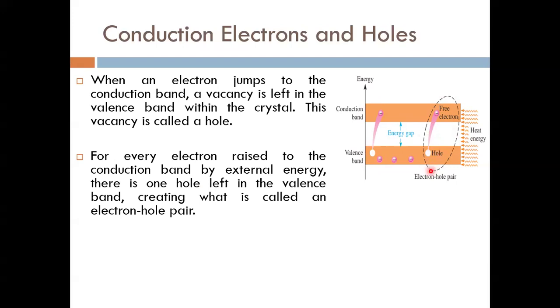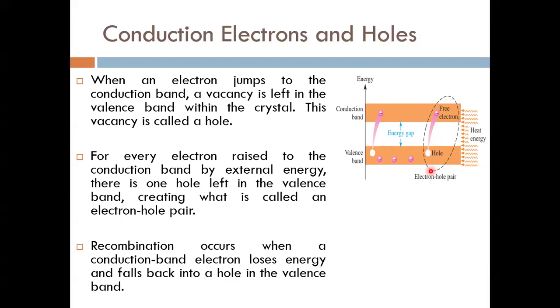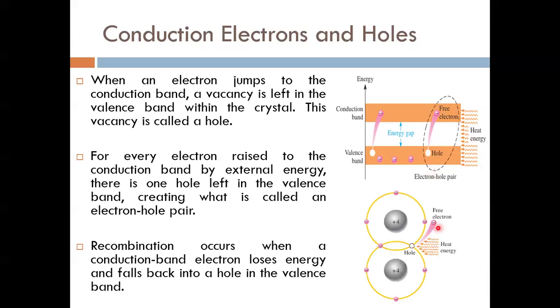There is also a possible reverse phenomenon when an electron returns to the valence band from the conduction band. So now this is the electron. If it loses its energy and falls back into its hole or the empty space, this is called recombination.